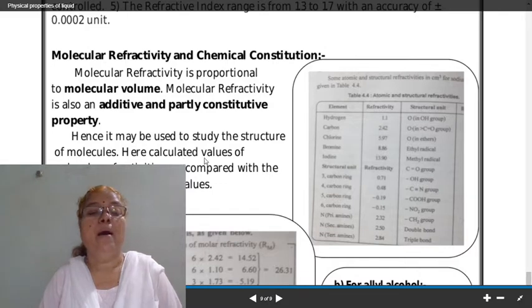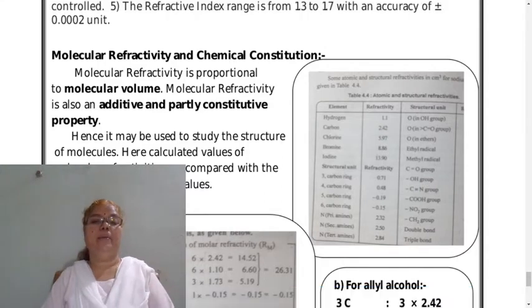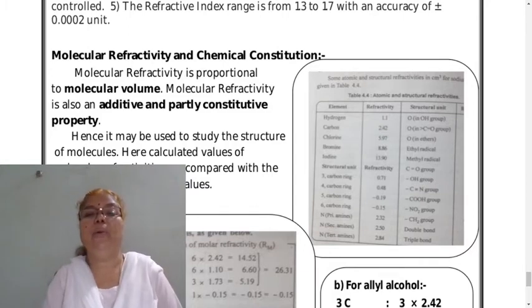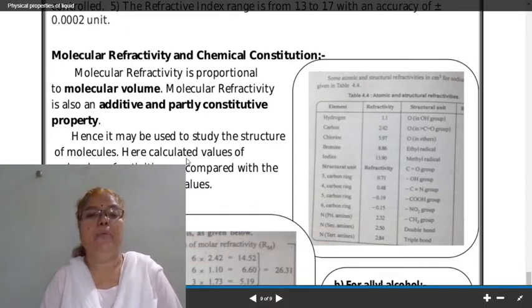Here simply the calculated values of molecular refractivities are compared with the observed or experimental values of the molecular refractivity, and when these two values are very close to each other, the structure of the compound may be the correct one.